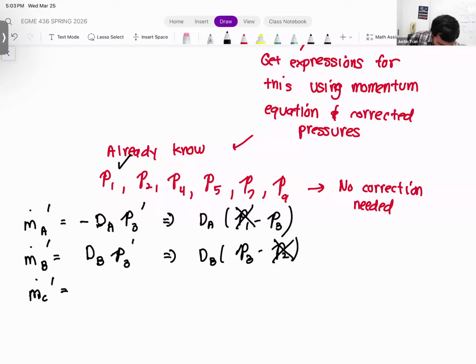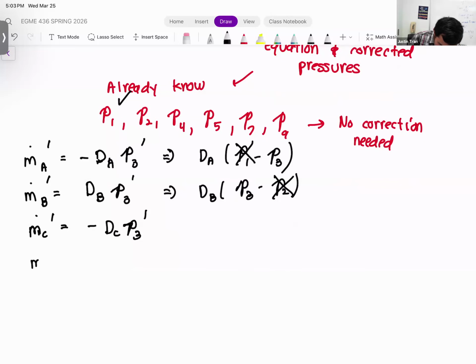Okay, and then m dot C prime is going to be minus dC times P3 prime. m dot D prime is equal to dD times P3 prime minus P6 prime.